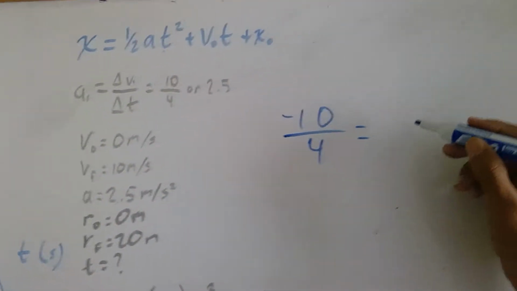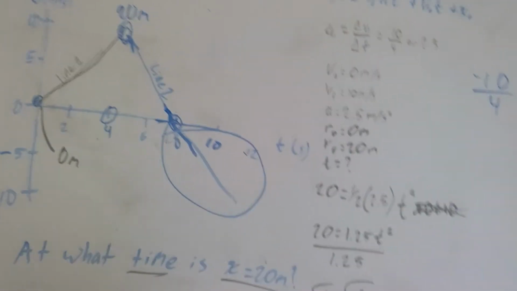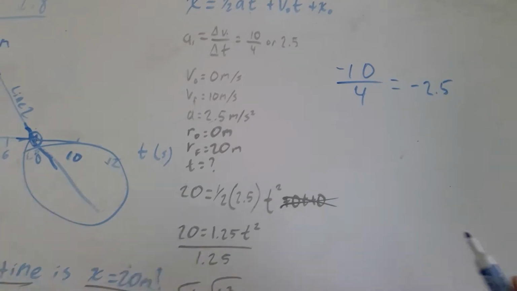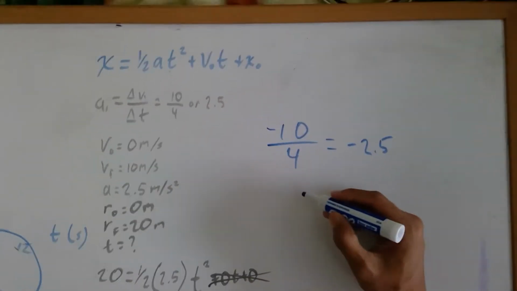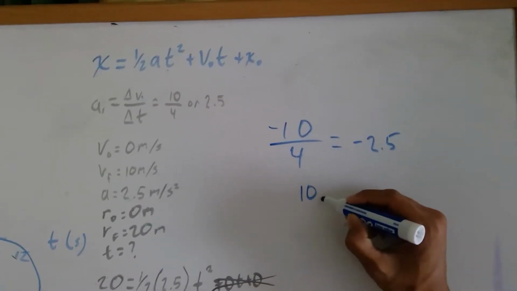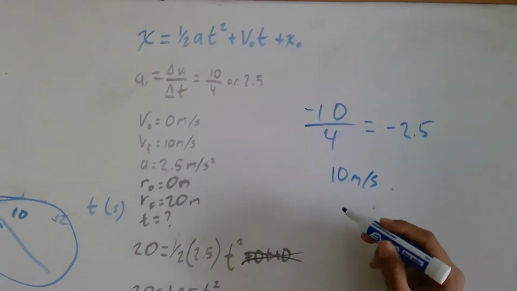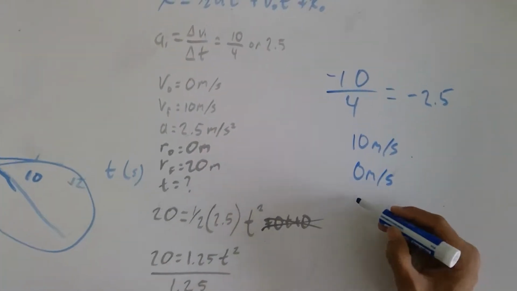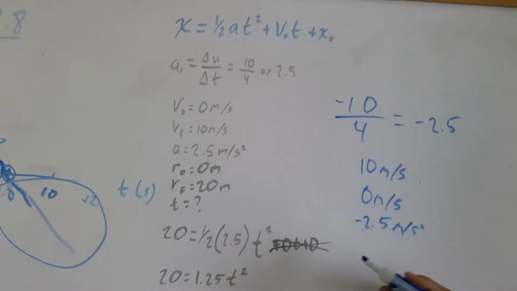So the acceleration for the second line is going to be negative 2.5. Okay, so then doing the OFART again, we find that the initial velocity is going to be 10 meters per second. The final velocity is going to be 0 meters per second. The acceleration is negative 2.5 meters per second squared.